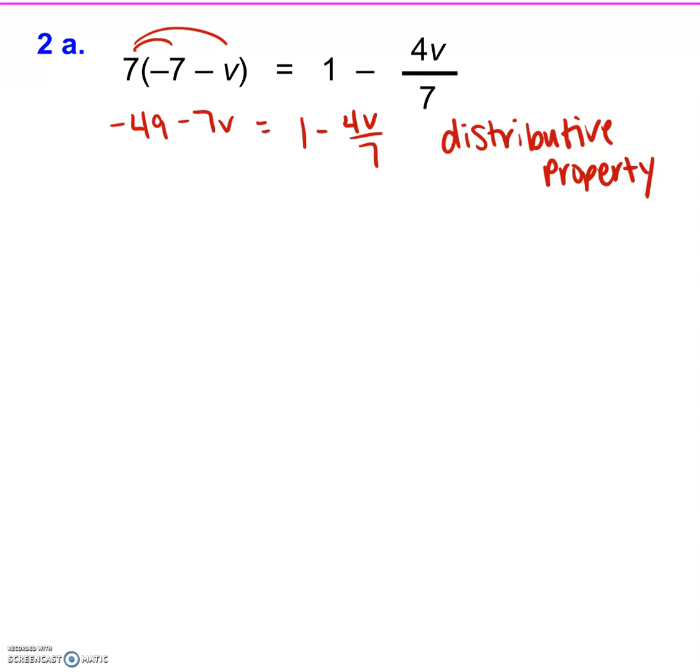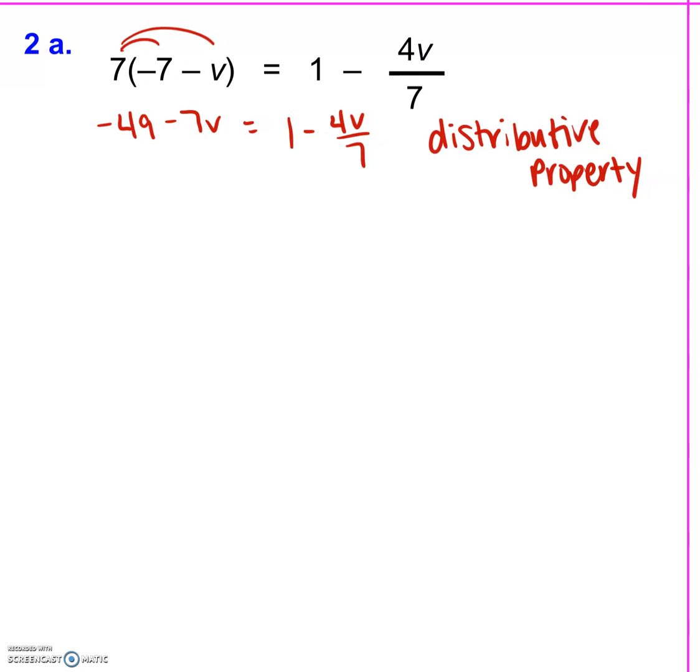Next, as I survey this, I need to get all of my constants on one side. So constants are numbers that aren't being multiplied to a variable. They're just a number, just like any other number. So I'm going to add 49. And when I add to both sides, I mean both sides of that equal sign.